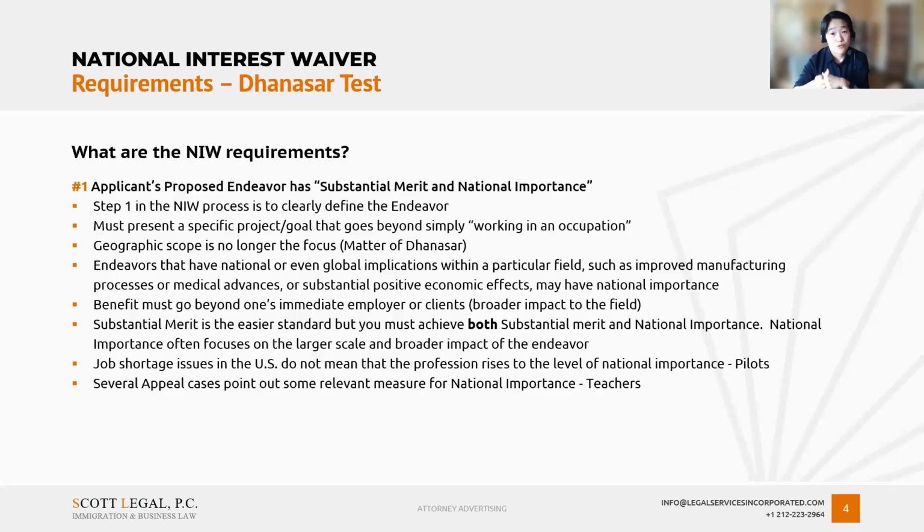Now, if your proposed endeavor is just about teaching, then even if you're a professor, the government will say, well, the only people who are benefiting from your teaching are your direct students. That is not a national level impact. That is not the type of broad impact that we're looking for. But let's say your endeavor is related to research, and let's say you'll be publishing this research, and other researchers will be able to cite it.